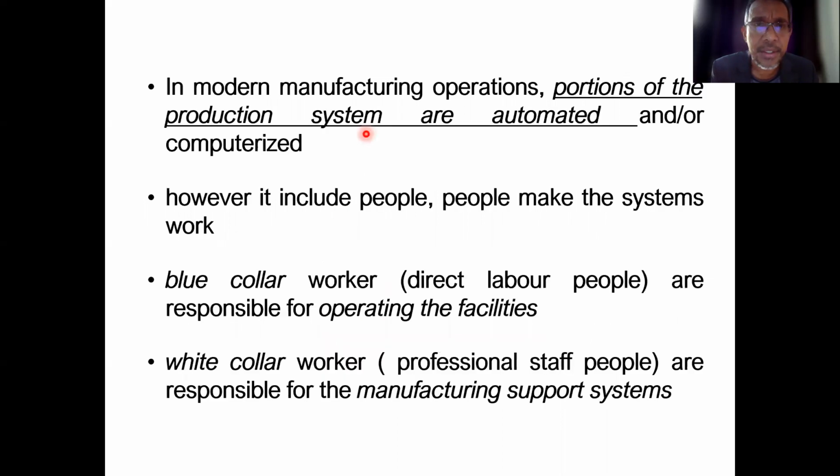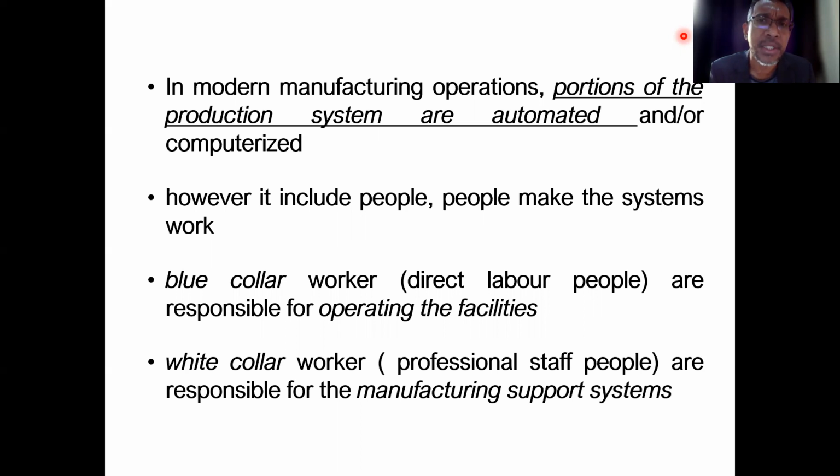In modern manufacturing operations, portions of the production system are automated, semi-automated and automated. They use computers to make sure the automation can perform inside the manufacturing operation. However, it still includes people to make the system work.